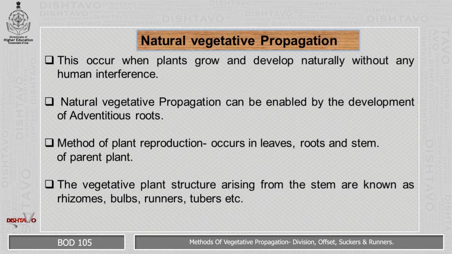Natural vegetative propagation can be enabled by development of adventitious roots. In this method, a plant is reproduced through leaves, root and stem of the parent plant. Vegetative plant structures arising from stems are known as rhizomes, bulbs, runners and tubers.